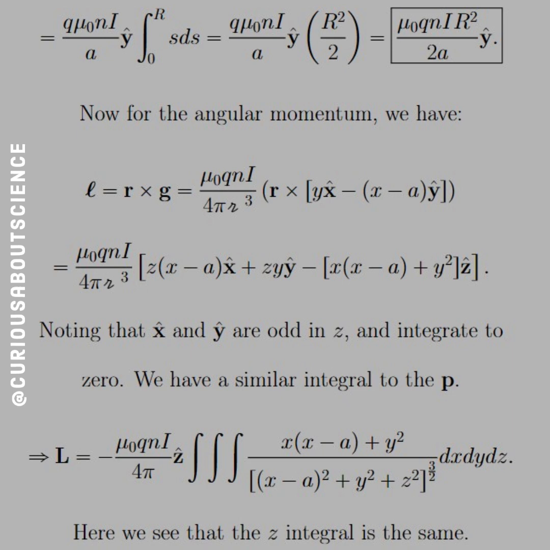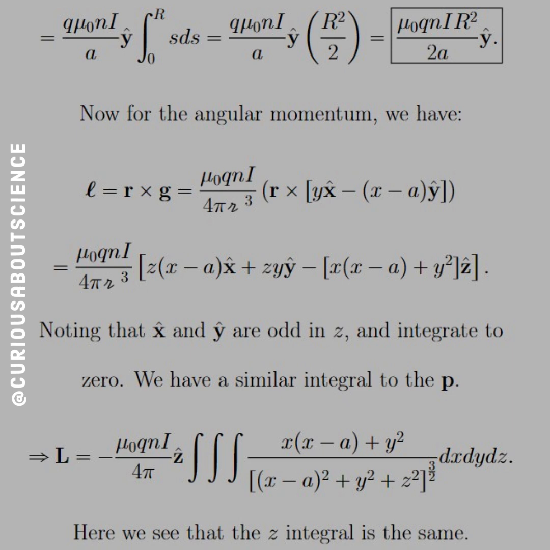And then noting that x and y are both odd and z, the negative infinity to infinity will cancel them out. And so all we're left is to integrate in a similar way to p. Okay. So with that, let's go ahead and chug that through then.